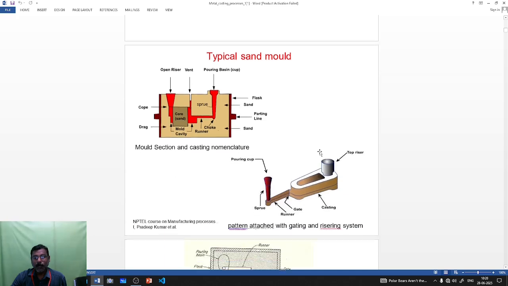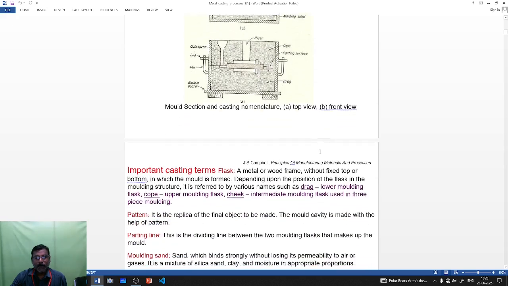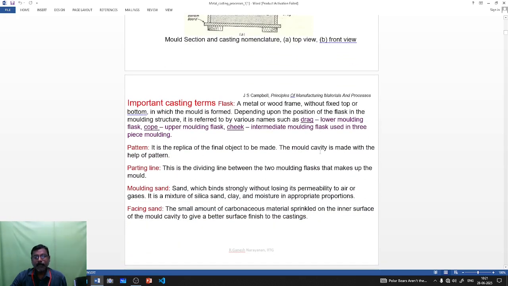So a typical sand mold. Some important casting terms: the flask is the metal or wood frame, without fixed top or bottom, in which the mold is formed. Depending upon the position of the flask in the molding structure, it is referred to by various names such as drag (lower molding flask), cope (upper molding flask), and cheek (intermediate molding flask) used in three piece molding. Patterns: the replica of the final object to be made.